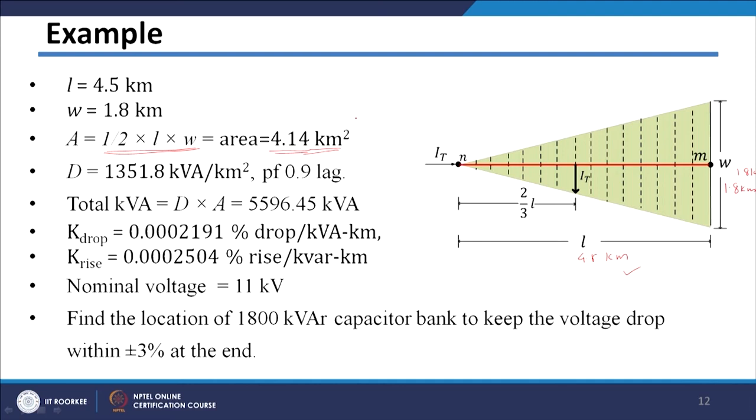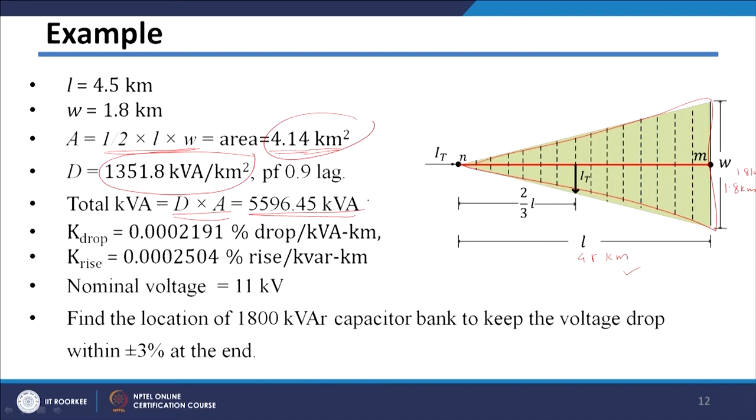We have got the area here and the density here, so density multiplied by area will be the total kVA served in this triangular configuration. If you calculate that, it comes to around 56.45 kVA.